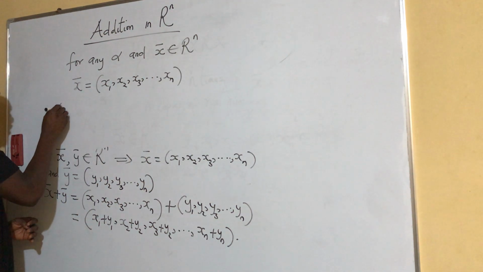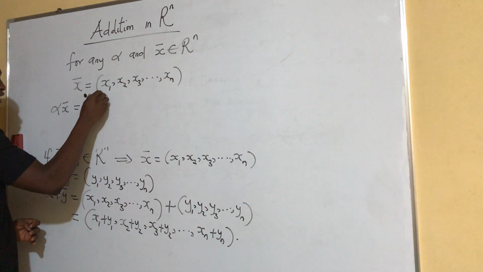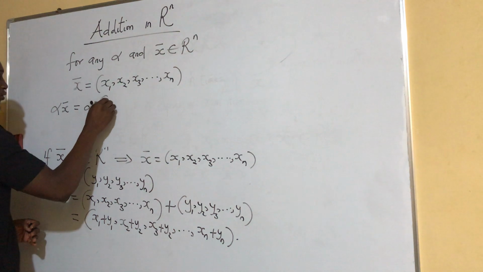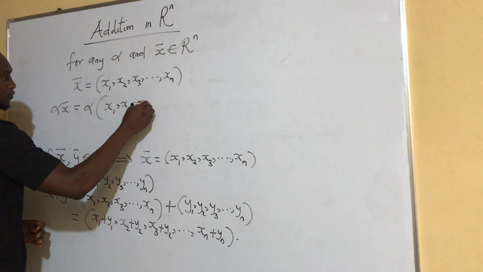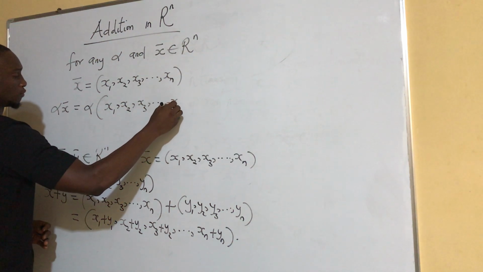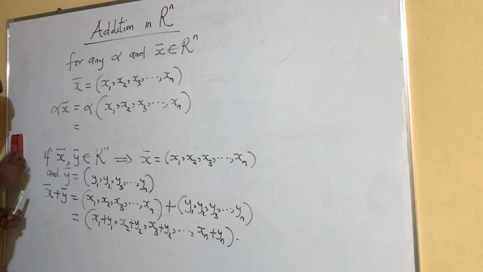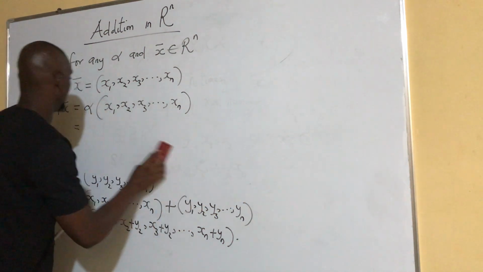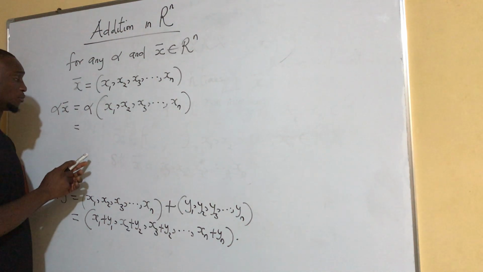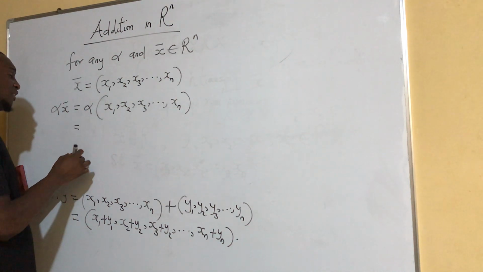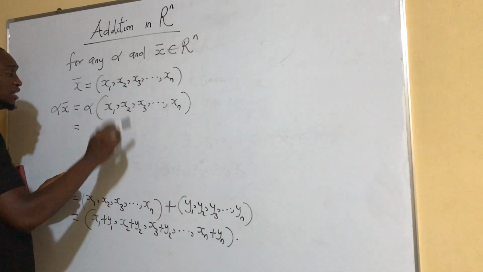Alpha multiplying this, we bring down these values, and the resultant effect is that alpha will multiply each of the first element, second element, third element, and the nth element.